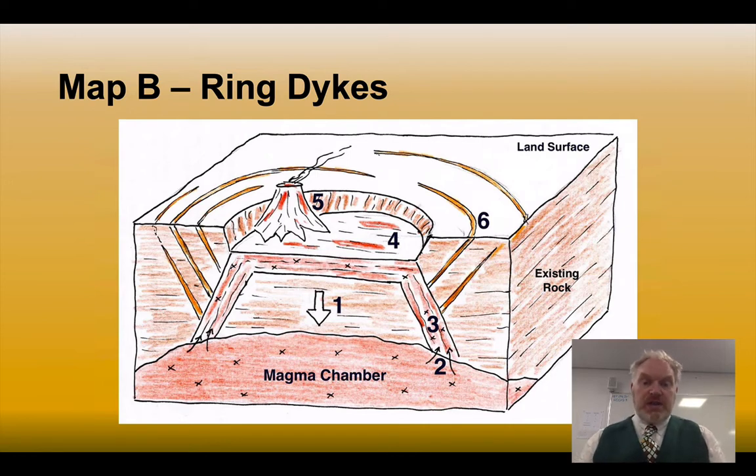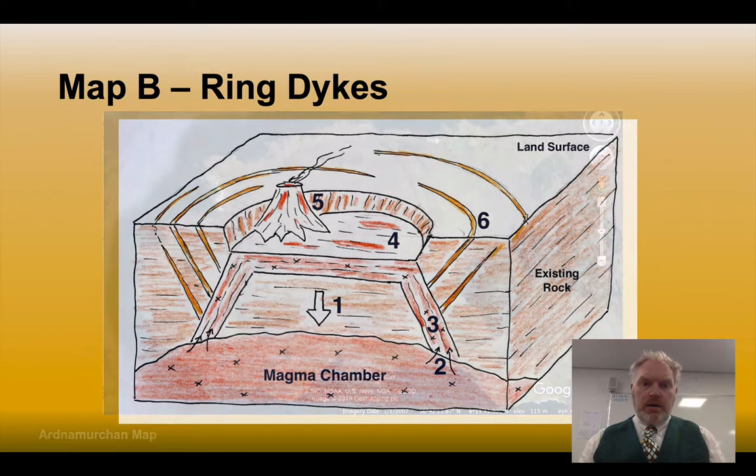The result of this is this concentric circular pattern of dikes. Up until now, we've perhaps regarded dikes as being long and straight, perhaps occurring in a series of parallel straight lines that we describe as a dike swarm. But these ones are circular.